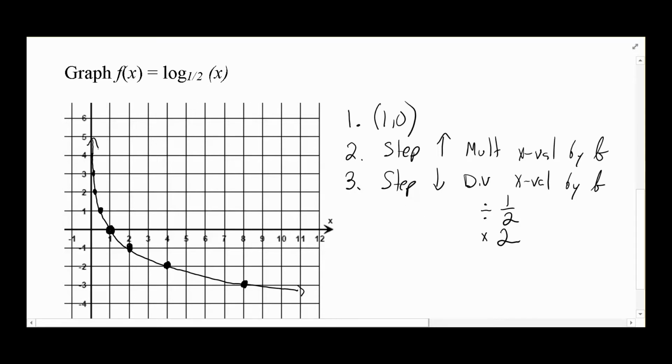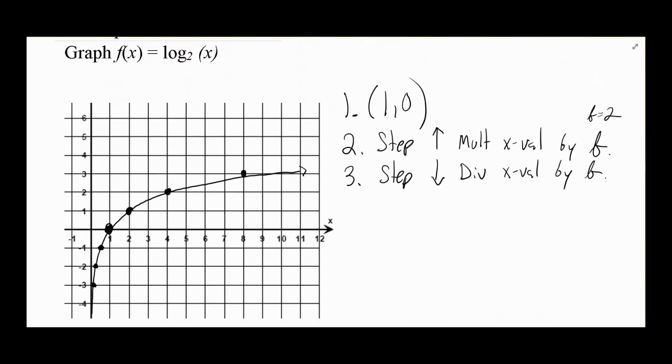So similar to the exponential, when our base was a fraction between 0 and 1, our graph was decreasing, meaning as you walk left to right, you're going downhill. And like with the exponential, when your base was larger than 1, you're increasing, meaning as you walk left to right, you're going uphill.